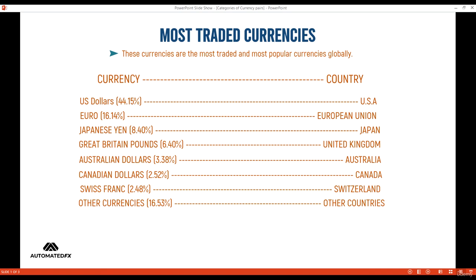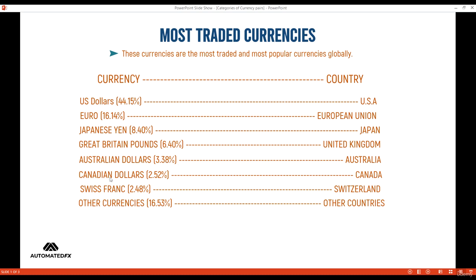We see that the US dollar is the most used currency globally for trade. We have the US dollar at 44.15%, the euro at 16.14%, the Japanese yen at 8.4%, the Great Britain pound at 6.4%, and the Australian dollar at 3.38%. That's the percentage of global trade.